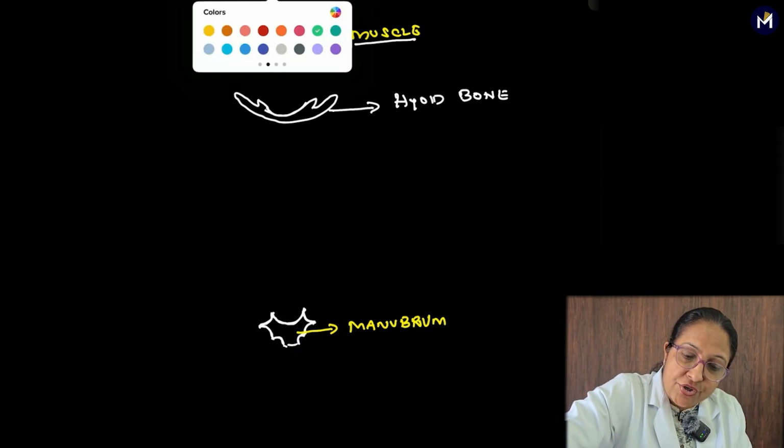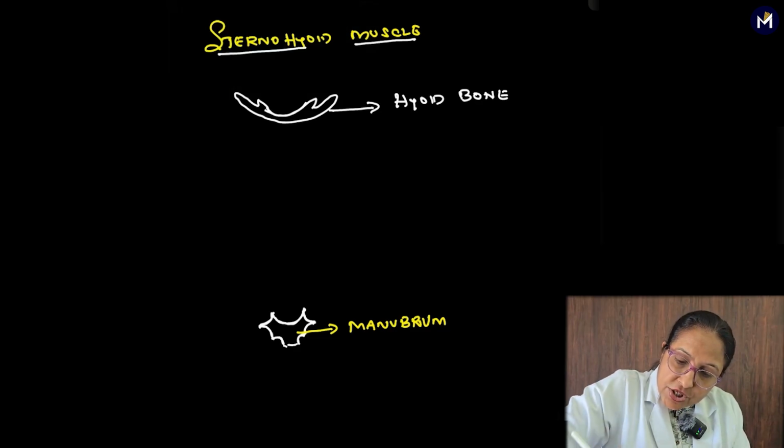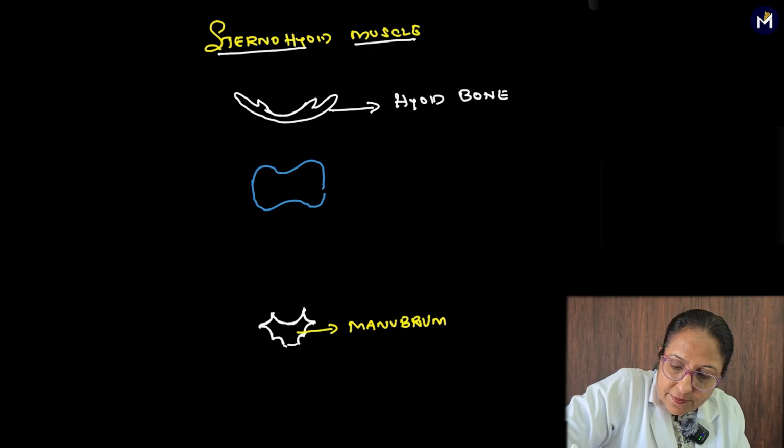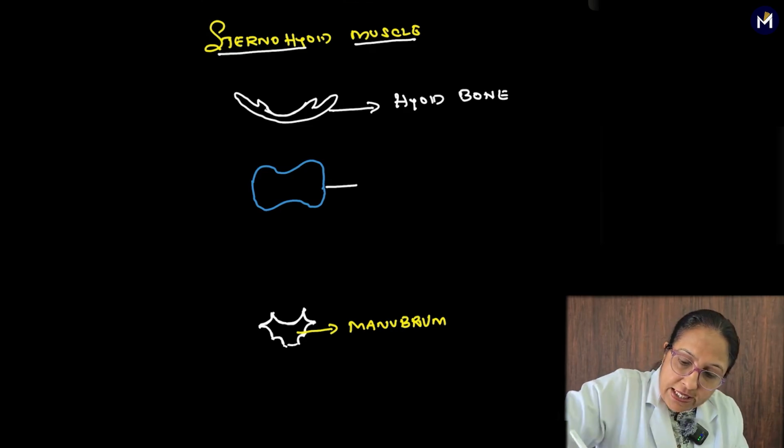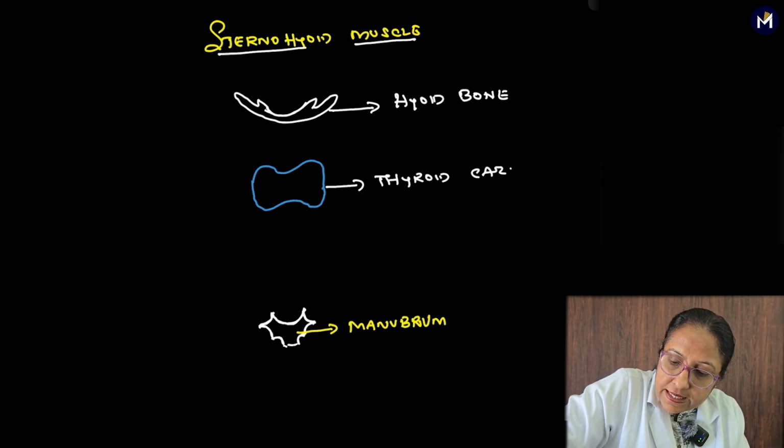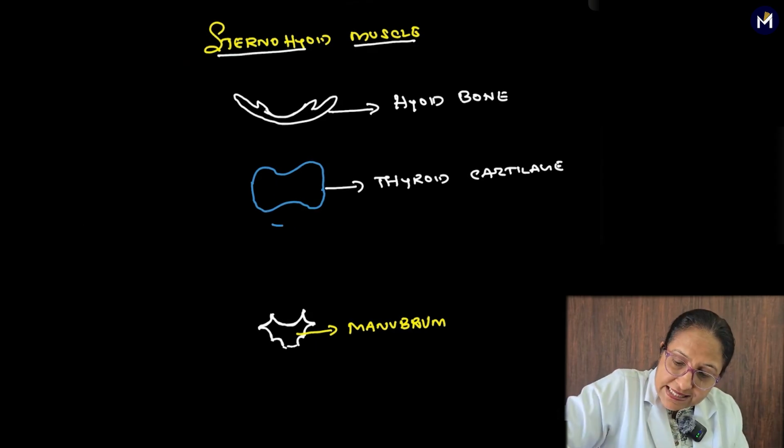Next, we shall draw the cartilages. So here, this is the thyroid cartilage. So label this as thyroid cartilage. Below that comes the cricoid cartilage.